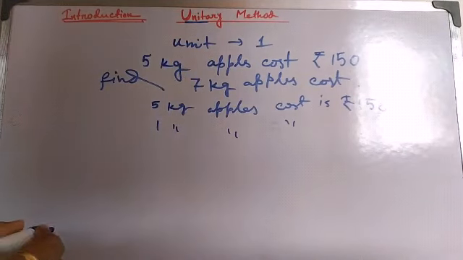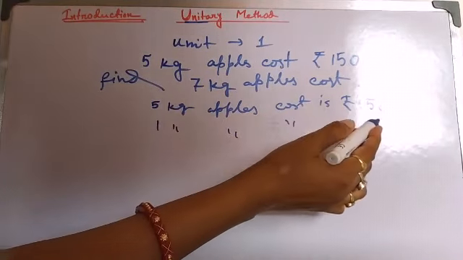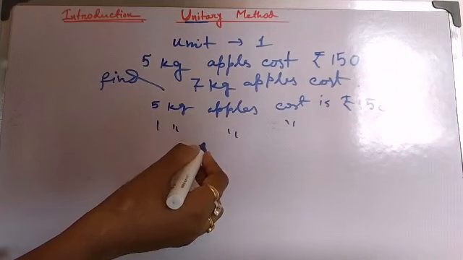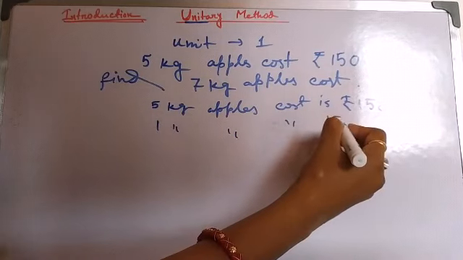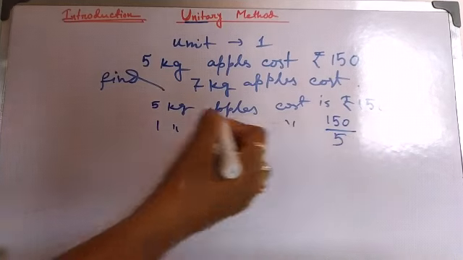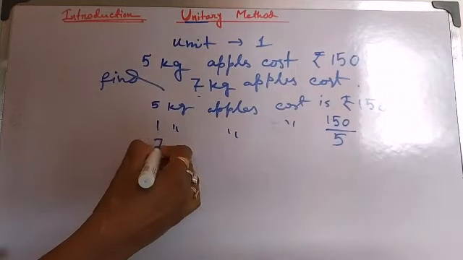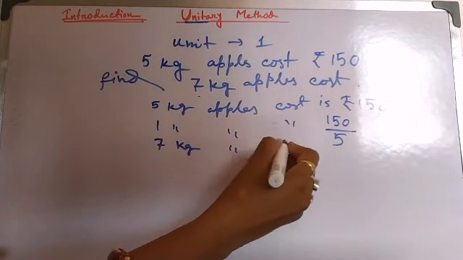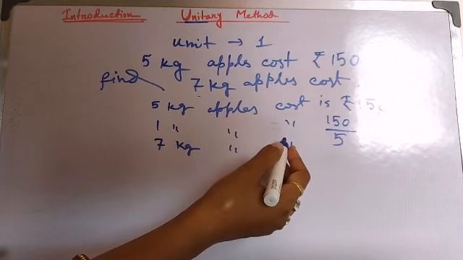So here obviously, 5 kg apples cost 150, then 1 kg apples cost will obviously be lesser. That's why it will be divided by 5. Then if we want to find out the cost of 7 kg apples, this will be more than 1 kg's cost.